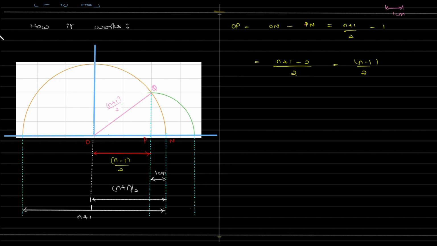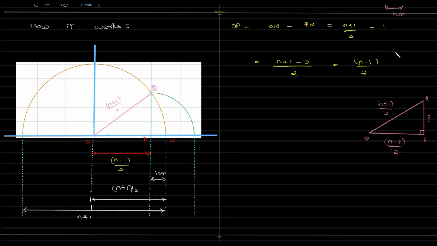Now I'll draw this separately and you will get to see what we are trying to do. Right, this is (n minus 1) by 2. You guys only found it. OQ is your radius, so (n plus 1) by 2.